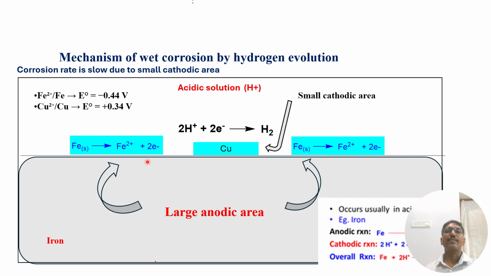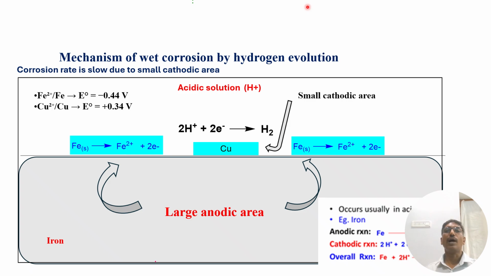Since iron acts as the anode and copper as the cathode, iron undergoes oxidation, releasing electrons. You can see the solid iron, that's a metal, loses electrons, then it becomes iron 2 plus ions, dissolving as Fe2 plus, while copper facilitates reduction at the cathodic surface.